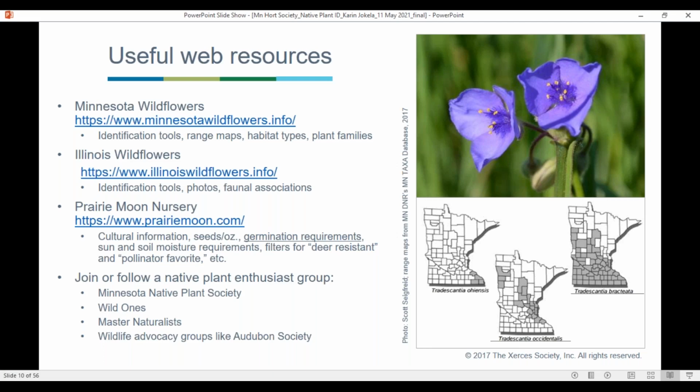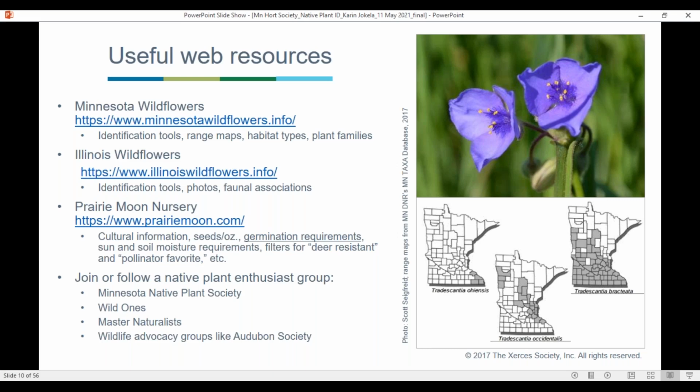I put up the Prairie Moon Nursery website, and that's not necessarily as an endorsement for that particular business, but that they do put up this huge library of cultural information that you can peruse without purchasing anything. You learn about the seeds per ounce, like the seed size. They have beautiful pictures, and you can learn about the germination requirements of different species. It's just a really wonderful website to explore.